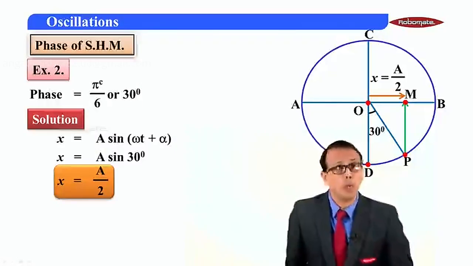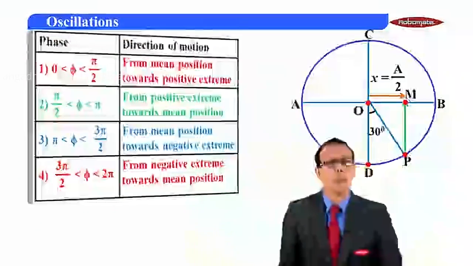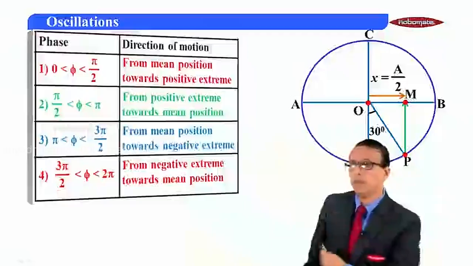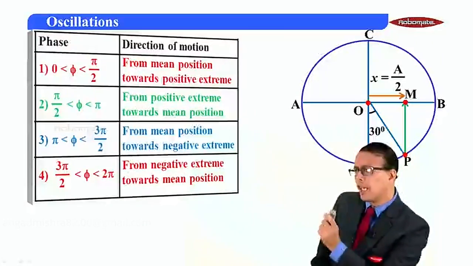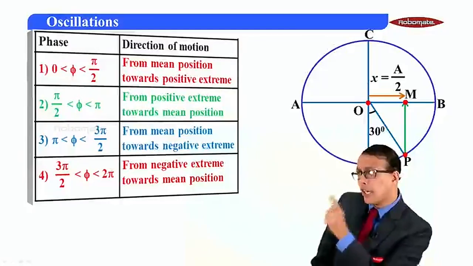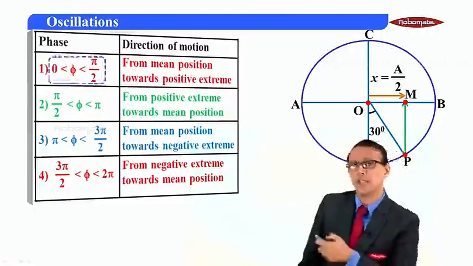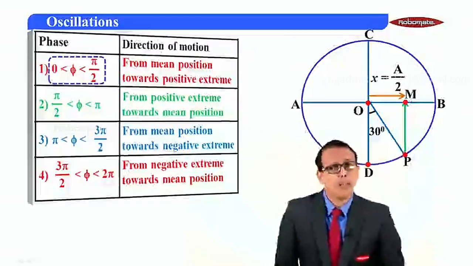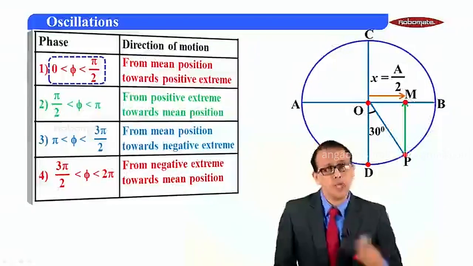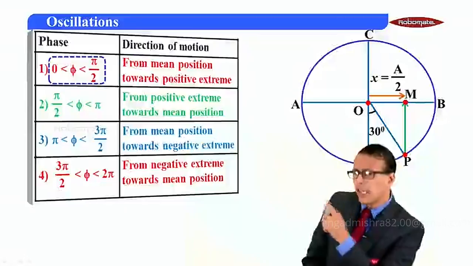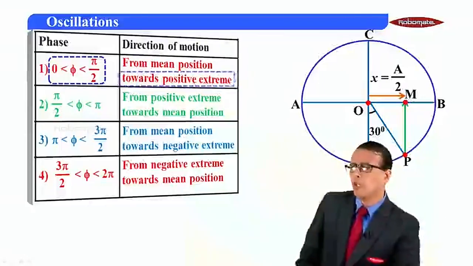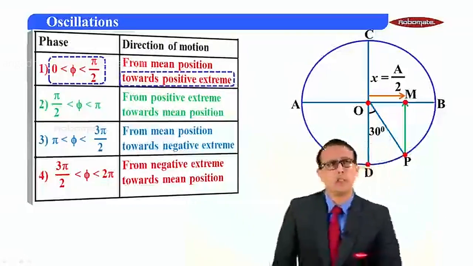Now students, what about the direction? For direction, let us recollect our table. In this case, the phase is 30 degrees. So where is 30 degrees? That is our first case. So whenever the phase is 30 degrees, what is the direction of motion? We can clearly see whenever the phase is 30 degrees, the direction of motion is towards the positive extreme.